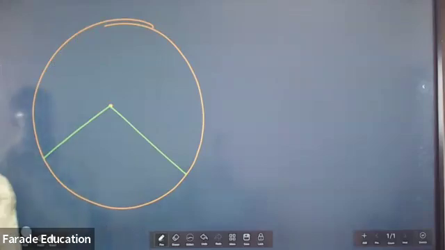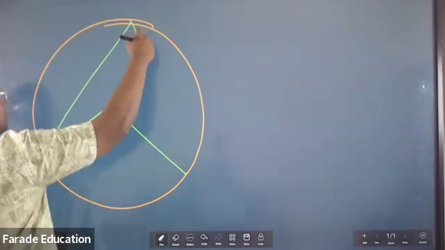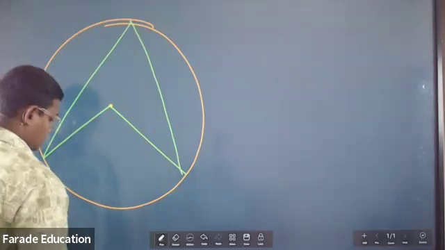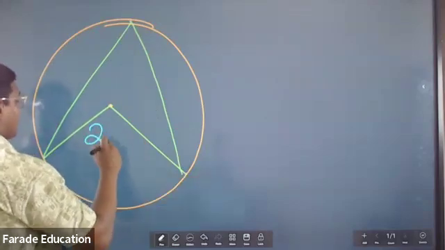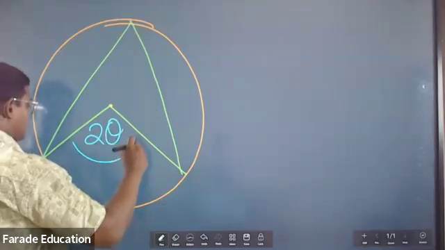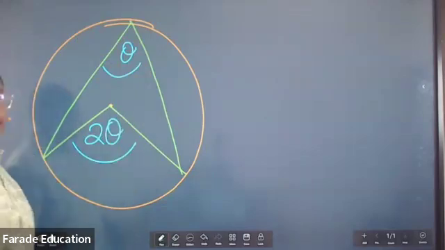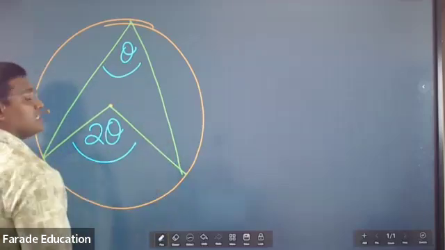What I do is I will extend this line to the opposite sector. What they say is angle subtended at the center is twice the angle subtended at the circumference.